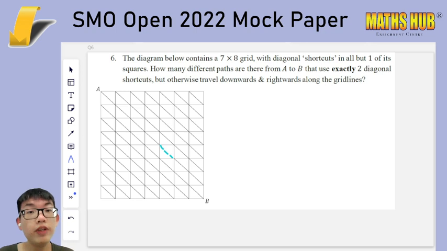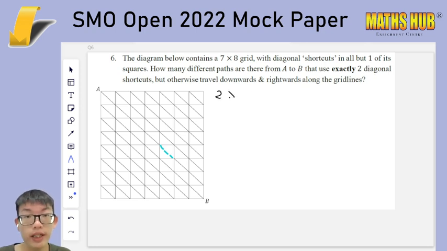Well, we cannot count the number of ways in the usual fashion because there are two diagonal shortcuts. So instead, what we can do is to think of what is the collection of moves that I'm going to make in order to get from A to B. Now, from A to B, it is 7 by 8.